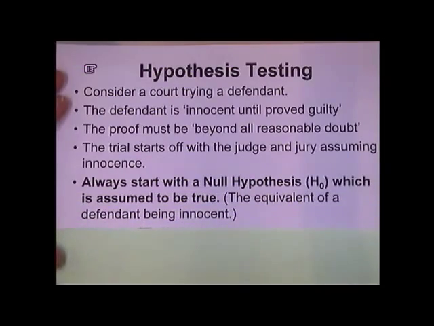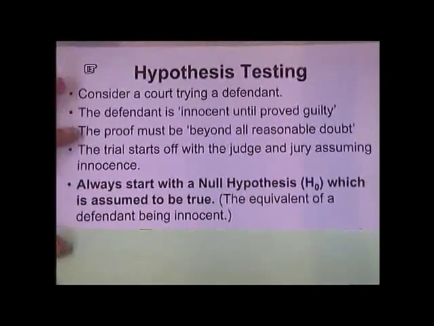And when you are doing a hypothesis test, which could be, for example, testing a claim a manufacturer has that bottles of bottled water contain on average more than 500 millilitres or something like that, you always start off with a statement you are going to assume to be true, and that is called the null hypothesis.